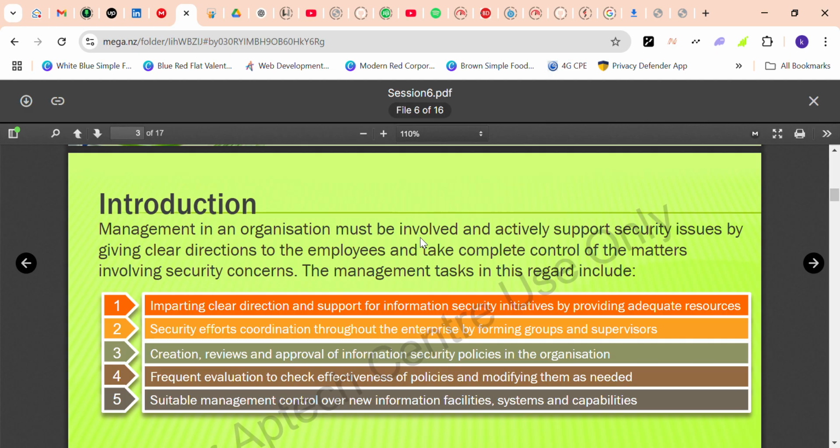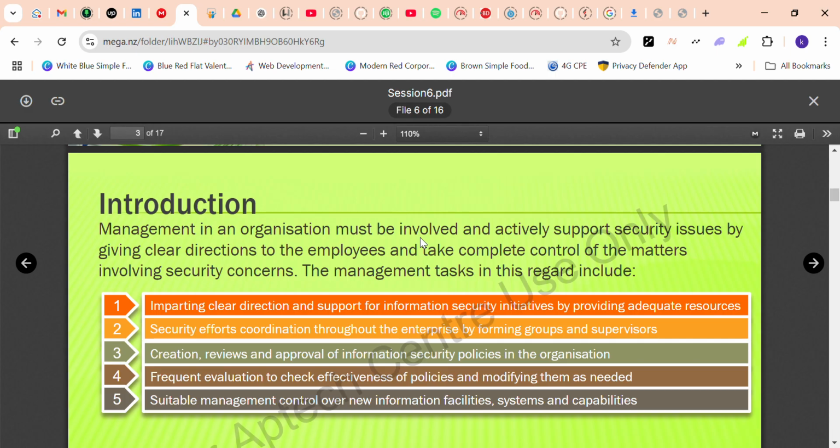The management are the ones to make sure that all the support needed for direction is provided to all employees, to arrange and manage that in every area.